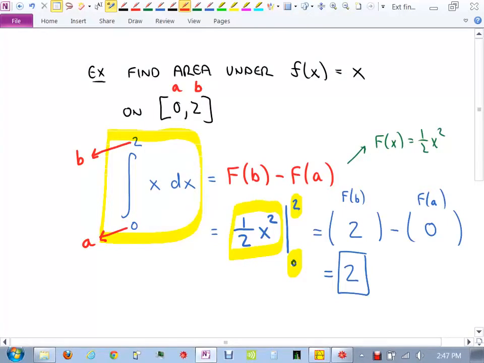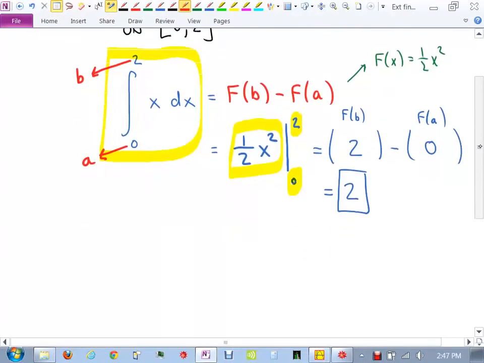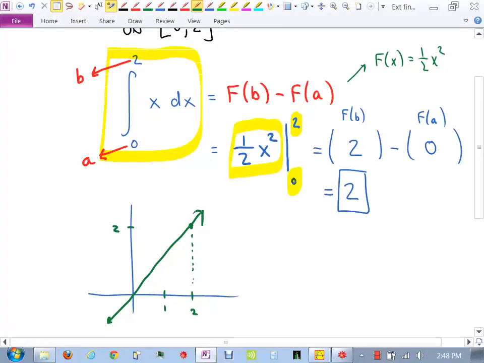Now, I made this problem extremely easy because I wanted to be able to verify it with the picture. The function we had was the identity function, wasn't it? f of x equals x. And we were looking between where and where? 0 and 2. What's the value of the function at 2? You plug in 2, you get out 2, don't you? And I wanted the area in here.